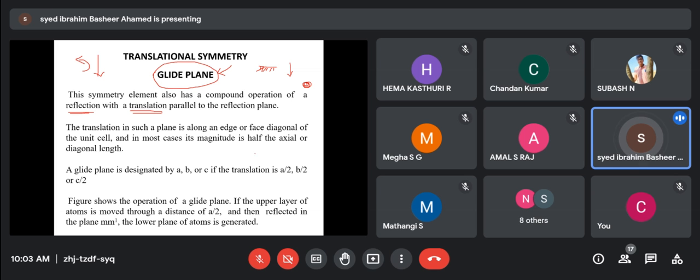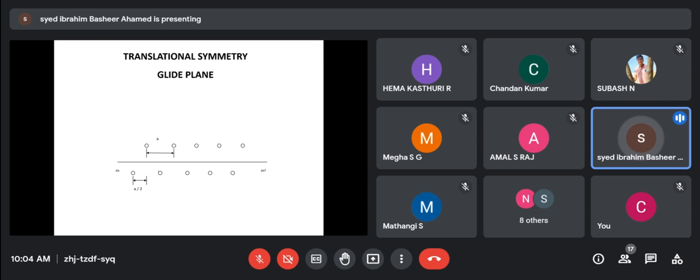Usually the translation will be half the unit length: in the A axis maybe half distance, in the B axis half, in the C axis half. So a by 2, b by 2, c by 2. If any molecule is found like that, then that molecule is said to possess a glide plane.